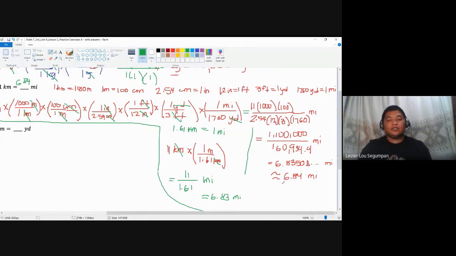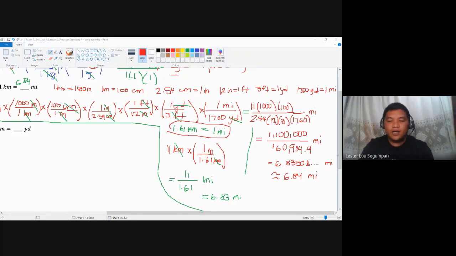Look at the results for using the longer version and the direct relationship. There is a difference in the hundredths digit. So 6.84, 6.83. It is because 1.61 is also not exact. It's actually more or less 1.60 something. So rather than using this process, we could just use the longer one.